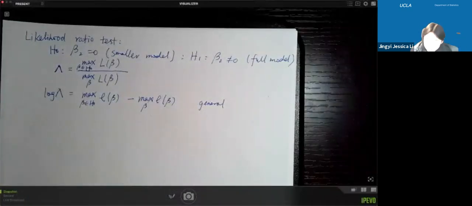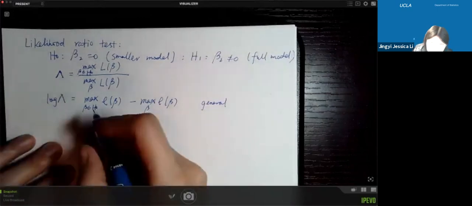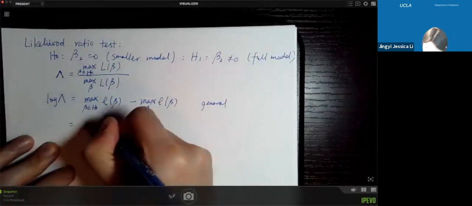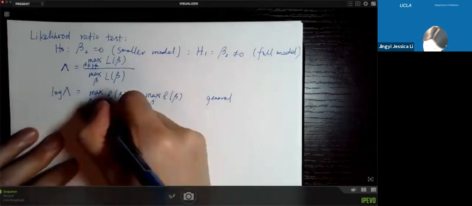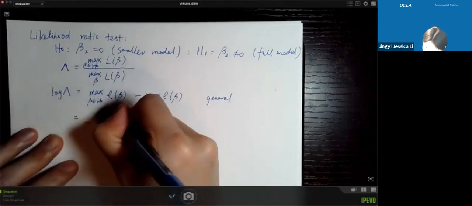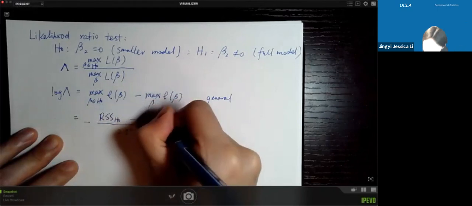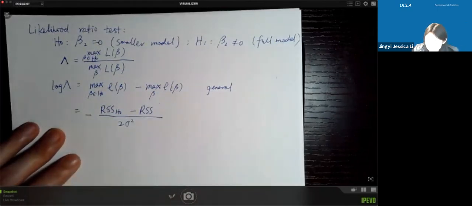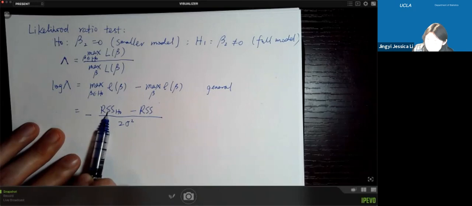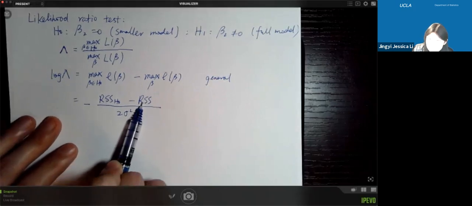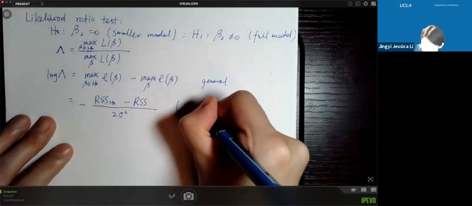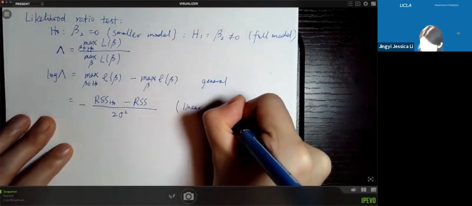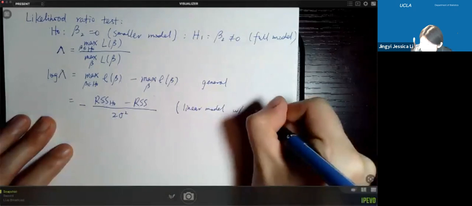So this will give me negative 2 sigma squared times RSS under H0 minus RSS of the full model. So the constrained RSS minus the full RSS. This is from our linear model with the normality assumption.